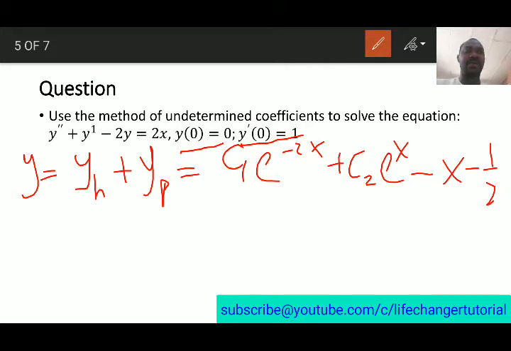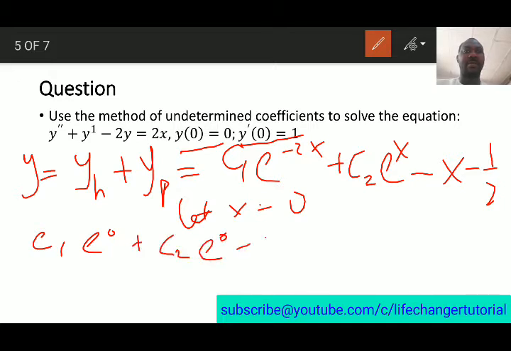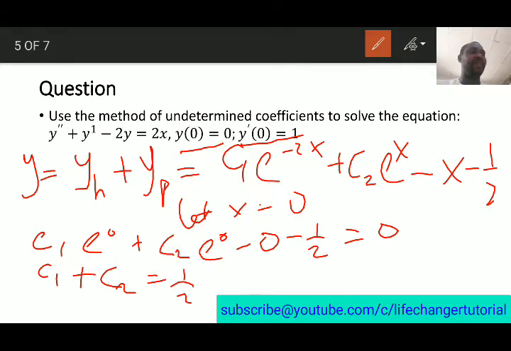If we say let x be equal to 0, this is going to be c1 exponential 0 plus c2 exponential 0 minus 0 minus half, equal to 0. So that means c1 plus c2 is equal to half. That's the first thing I'm going to have. I can write it down somewhere: c1 plus c2 is equal to half.